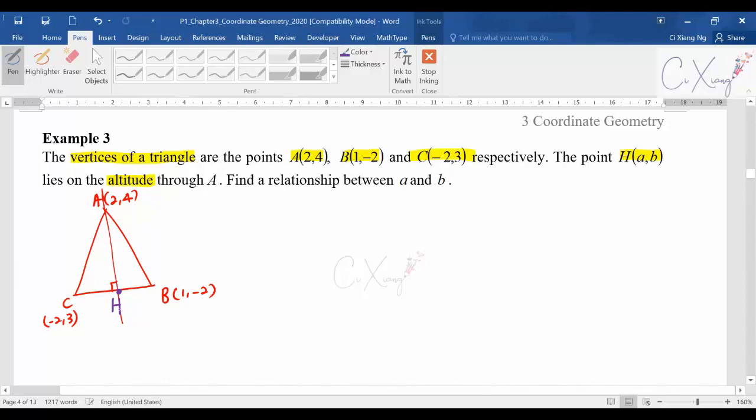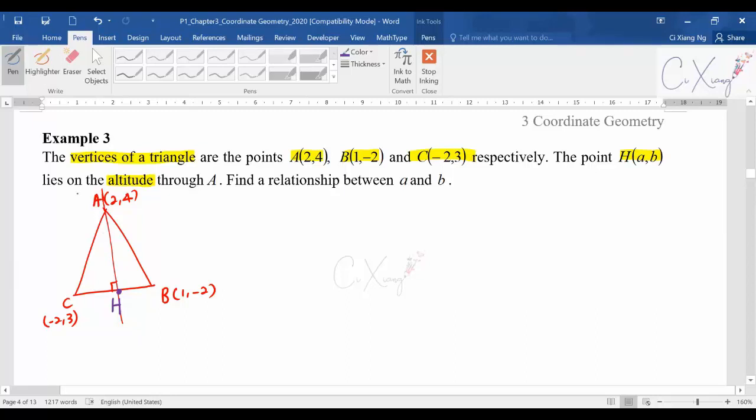So this is the H. If you look for the definition of altitude online, you should get this also. So the altitude from A is a line passing through A which is 90 degrees to the opposite side, and H lies on the altitude from A.